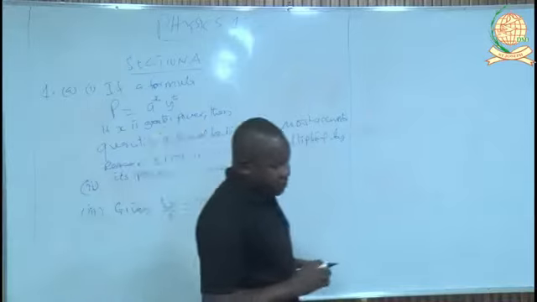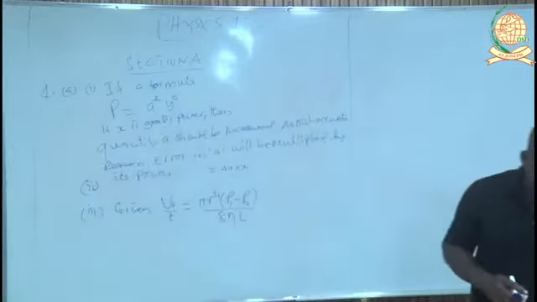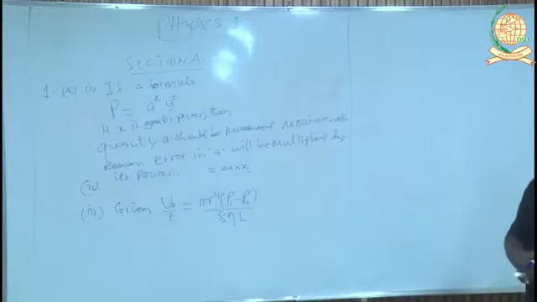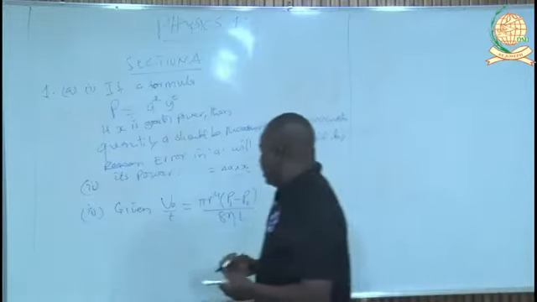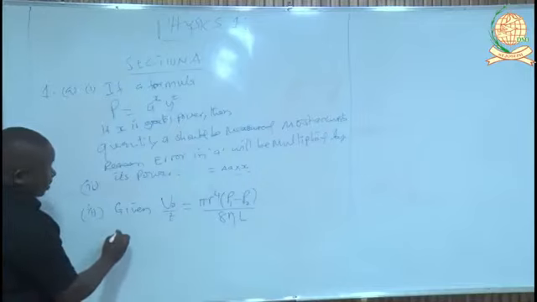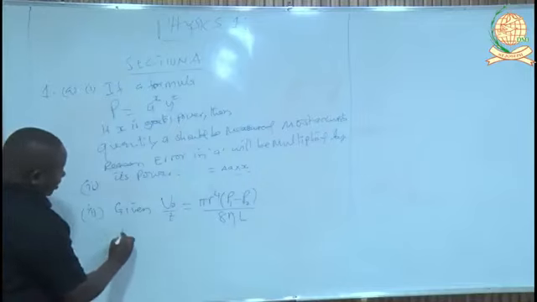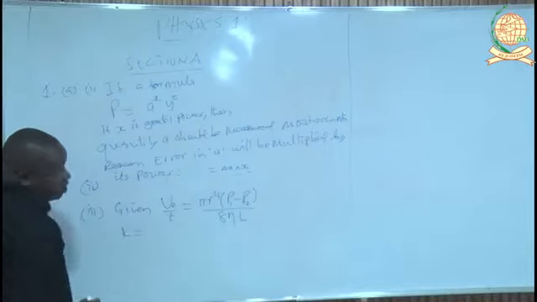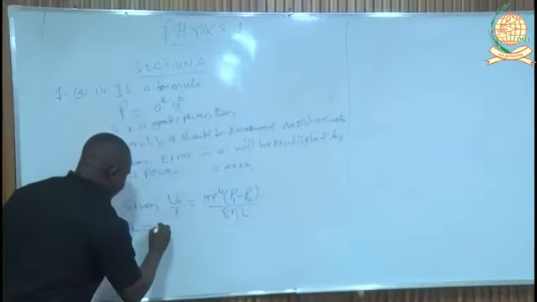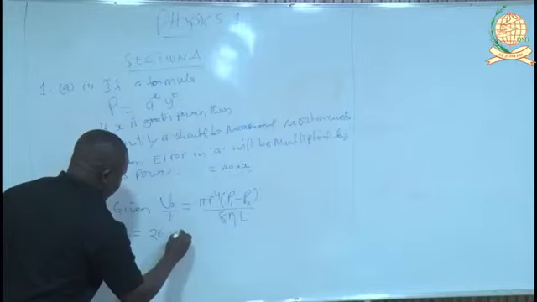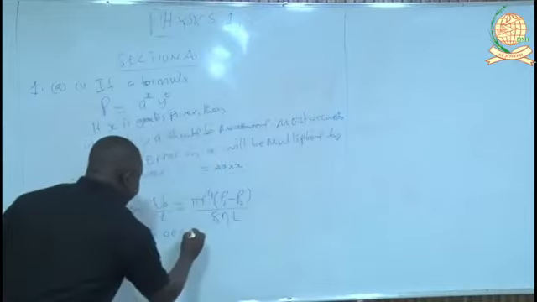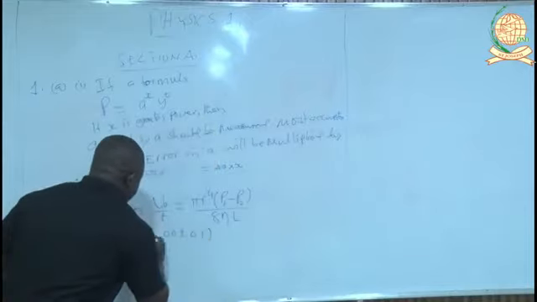Then the question is, find or write the value of eta, including its associated error. We have been given the values of each variable. L is given as 26.00 plus or minus its error 0.1 centimeter.